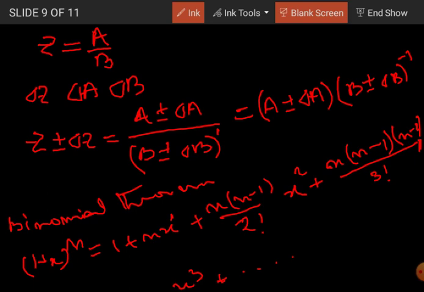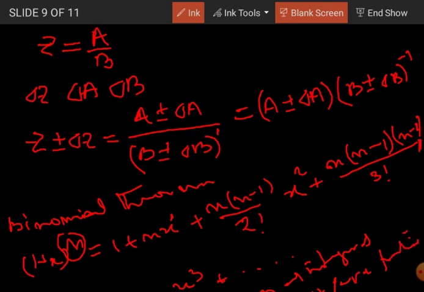Where this n is a positive integer, or it may also be a positive or negative fraction. What I said is, this power n may be an integer, whether positive or negative, and it can also be a fraction.